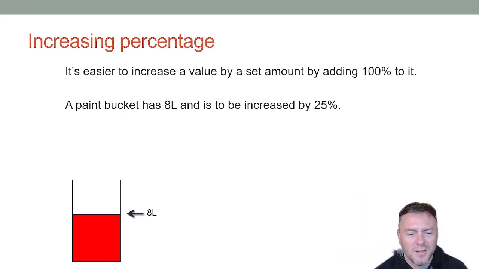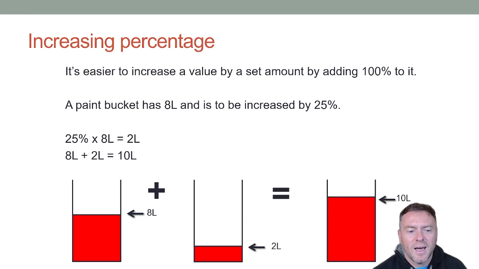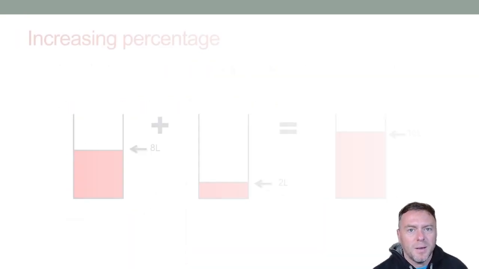So the old way that we would normally do this is work out what 25% of 8 liters is, which is 2 liters, and then we would add that on, right? So we would have the 8 liters, we'd work out the 25%, and then we add that 25% onto that one paint bucket. Now, there's a faster way of doing this, which we sort of touched on when we did GST, which is a little bit better.